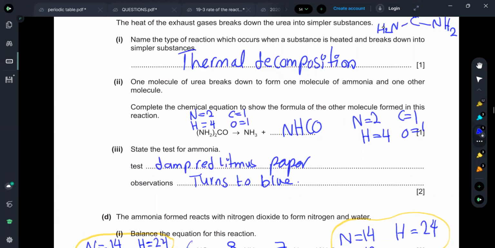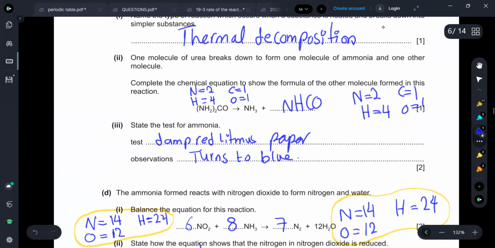Number 2: one molecule of urea breaks down to form one molecule of ammonia and one other molecule. Complete the chemical equation to show the formula of the other molecule formed in this reaction. This reaction is already balanced. So (NH2)2CO has 2 nitrogen, 4 hydrogen, 1 carbon, and 1 oxygen.